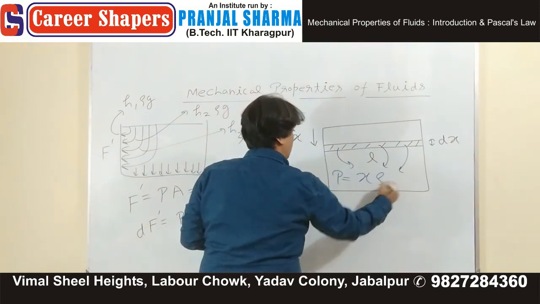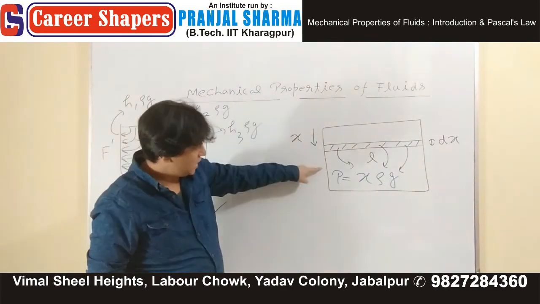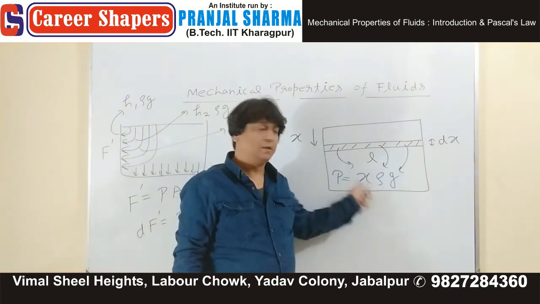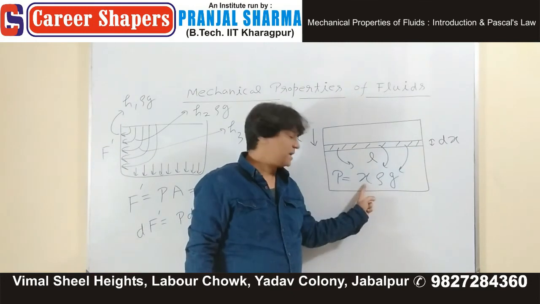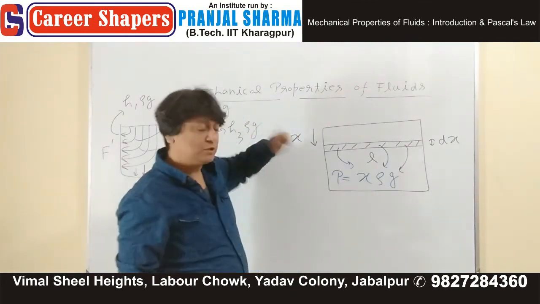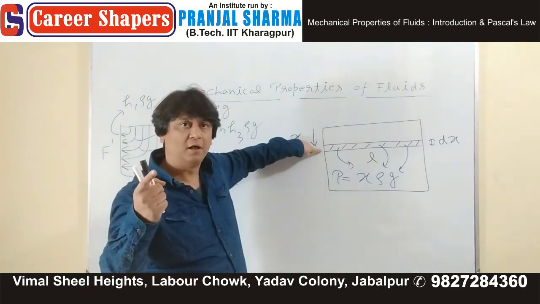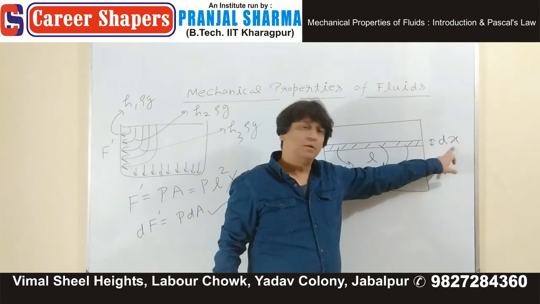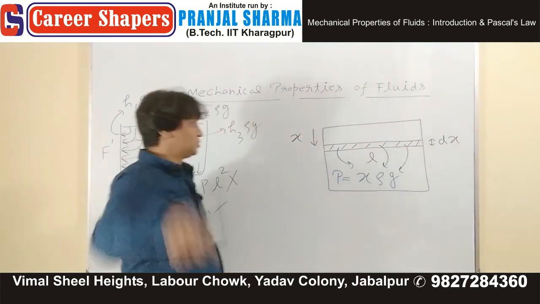X rho g. अगर मैं यहां कहीं आऊंगा तो x चेंज हो जाएगा. इस पूरी स्ट्रिप पर x क्या है? सेम. ये मत सोचना कि सर ऊपर से नीचे तक स्ट्रिप में प्रेशर चेंज हो जाएगा. होगा, लेकिन कितना? ऑलमोस्ट नेग्लिजिबल, क्योंकि स्ट्रिप की विड्थ कितनी है? dx, which is almost 0.